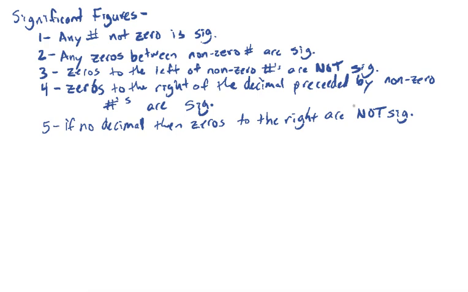Okay? And so those are the five basic rules. You kind of have to do your best with them, see how you do with them, but we'll do a few examples here right next to these numbers just so you can see.